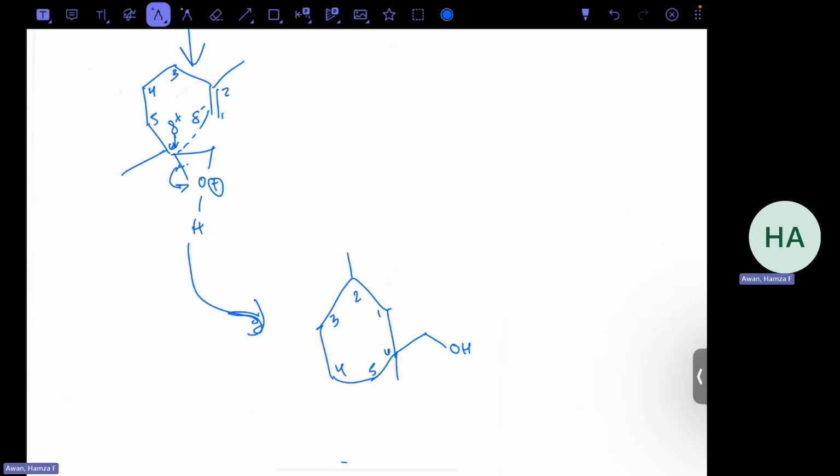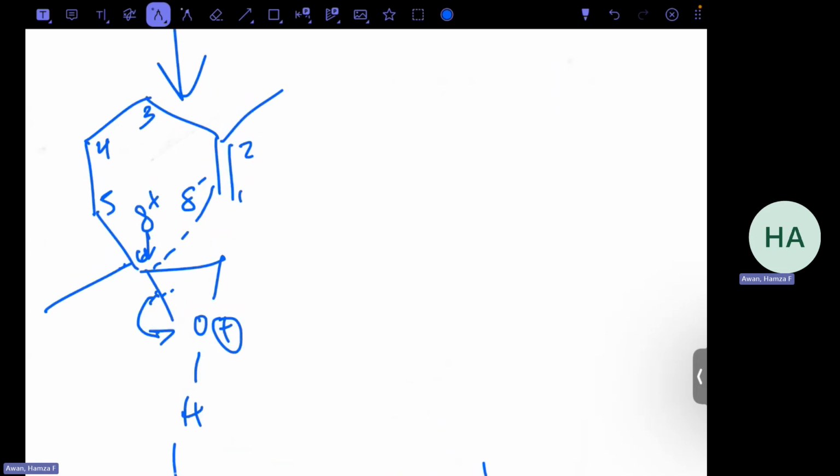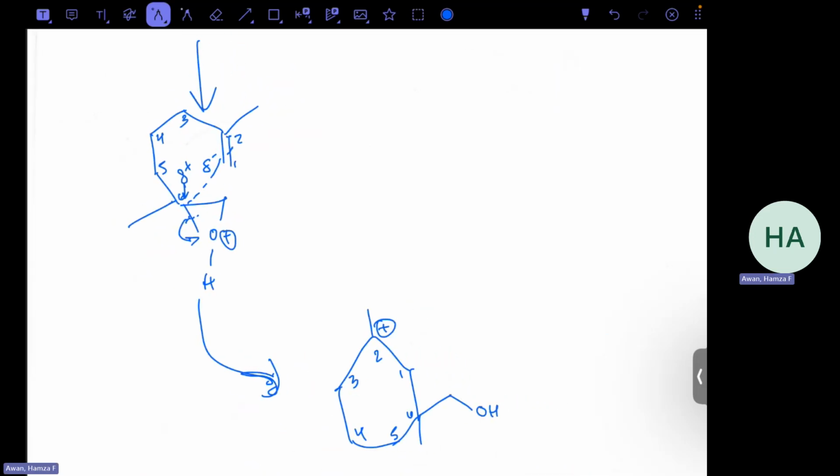Right? So this is what we have now. And now, finally, let's put the charge where it needs to be. So whenever we created this bond, this bond was broken, right? So carbon 1 got its bond back. It broke a bond, but it also gained a bond. But carbon 2, it just broke a bond. So that means carbon 2 is going to have a positive charge on it, right?